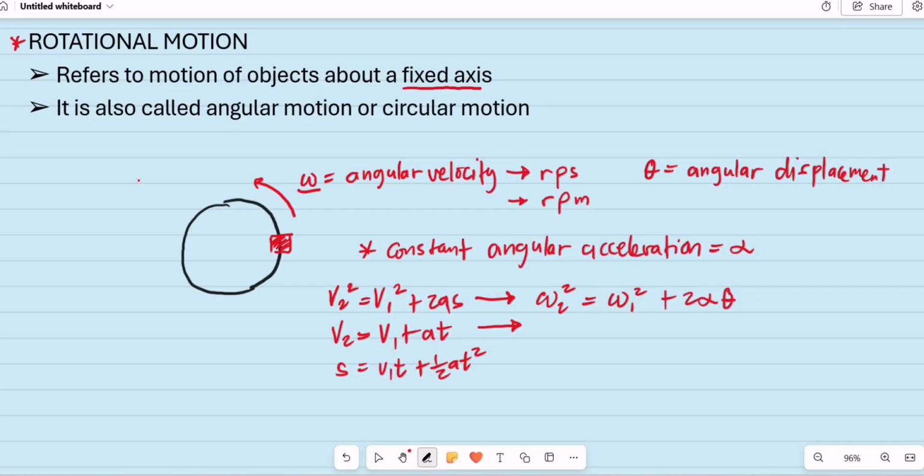Then for the second equation, this is the final angular velocity equal to initial angular velocity plus alpha, which is the angular acceleration, times the time.